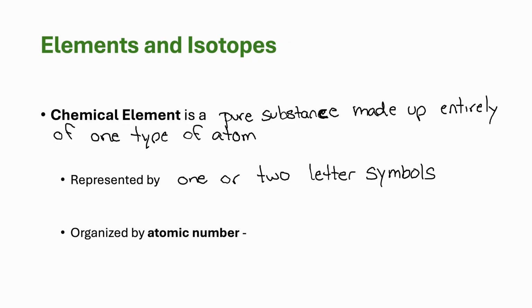So, for example, we have lithium, represented by Li, or chlorine, which is represented by Cl, or carbon, which is just C, fluorine, which is just F. So you can see they can be one or two letters. And again, the periodic table is organized by atomic number, and that is how many protons they have.